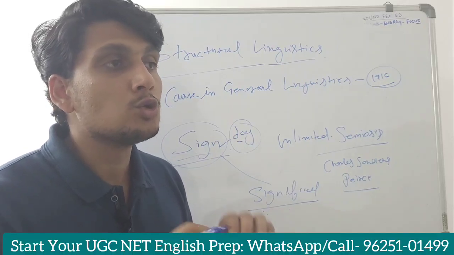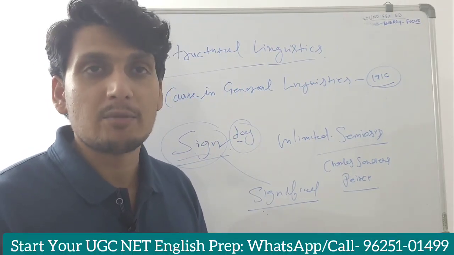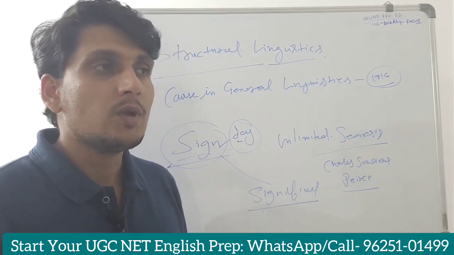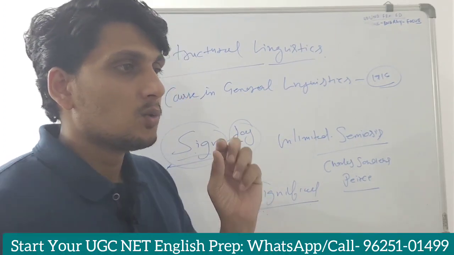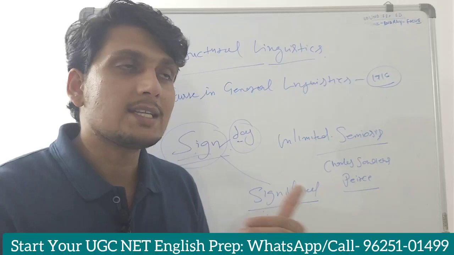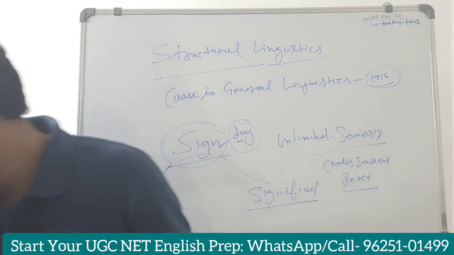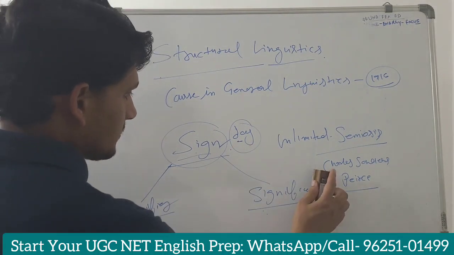So there is no clue for that. It is just happening on the basis of convention, because over the period of time in society we keep calling one particular thing with a name, and it gets attached to it forever, right? So this is how it happens.